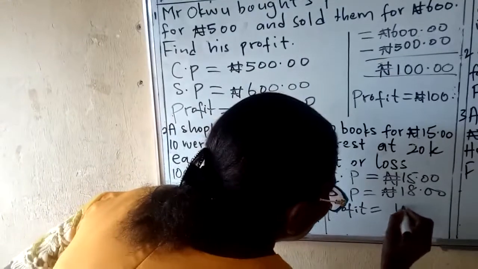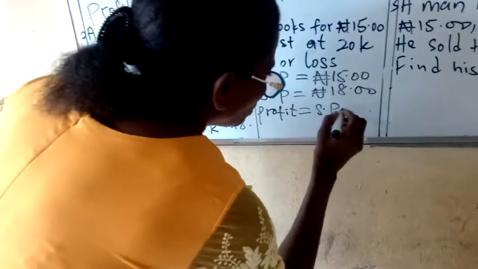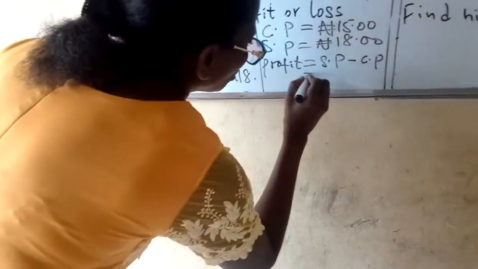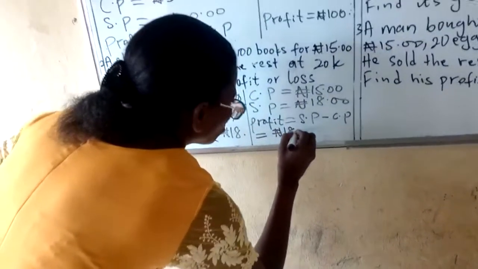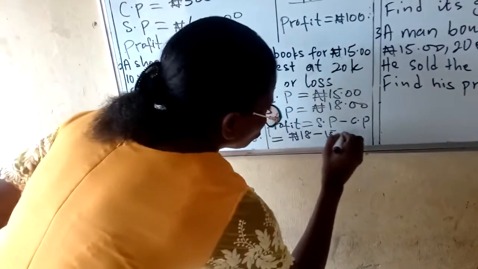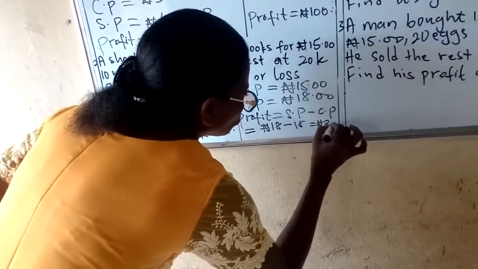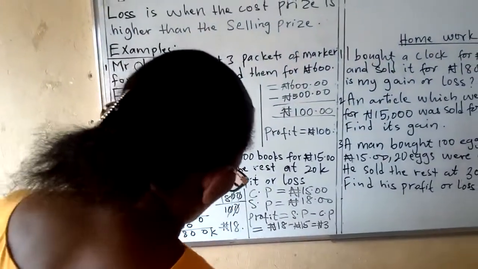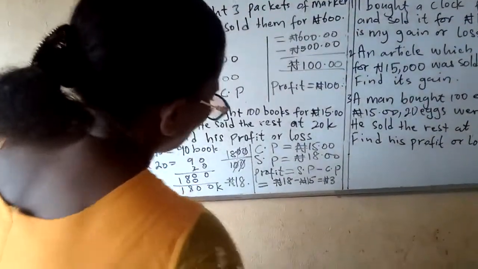Profit equal to SP minus CP, which gave us 18 minus 15 is 3 naira.